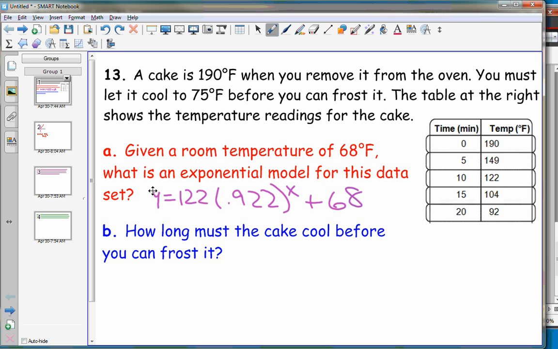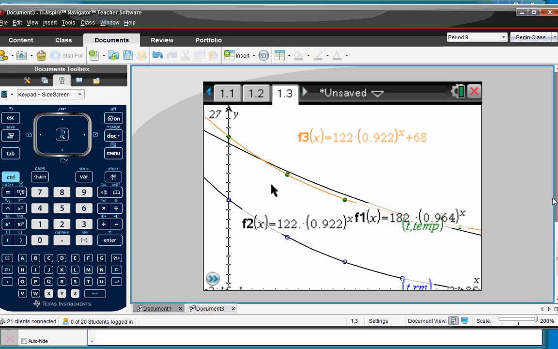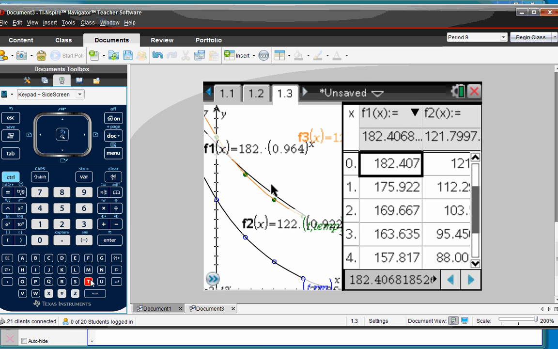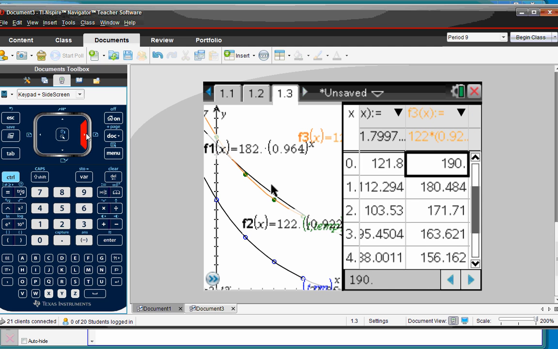All right? And then how long must the cake cool before you can frost it? Well, it says that it has to be at room temperature. So I want to know how many minutes it's going to take for it to get to what degrees? 68. So how do I determine that? If I come back over here to my graph and hit Control T for my table, do I want to look at my F1, my F2, or my F3?